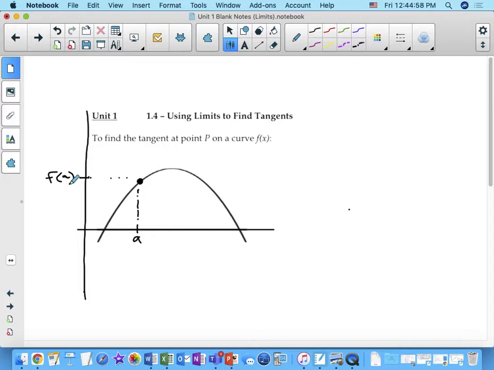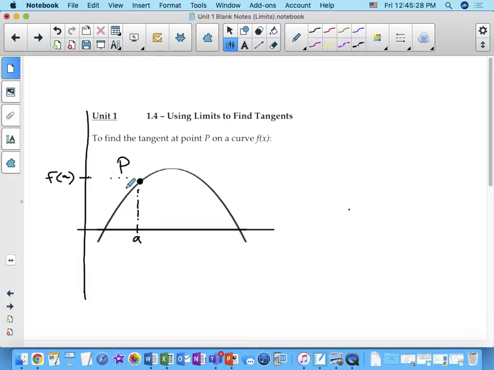Now I'm going to call this point P. And our goal is to find the slope of a tangent line. So we're drawing a line that's touching the curve at that point, and we want to find the slope. So what we did a couple days ago was we drew another point Q. The difference was that we had a specific point with numerical coordinates.